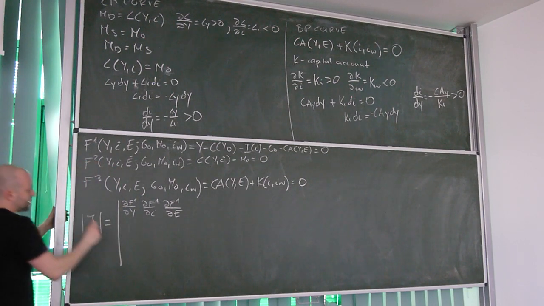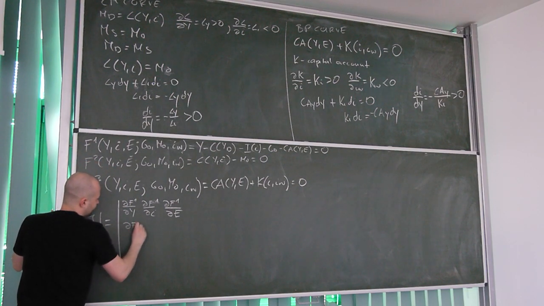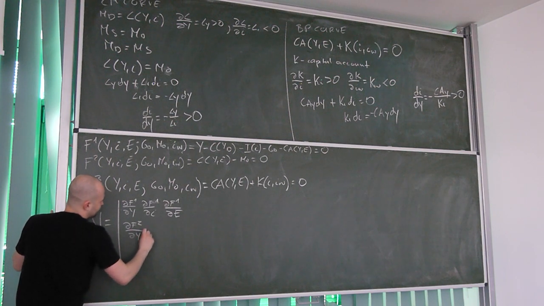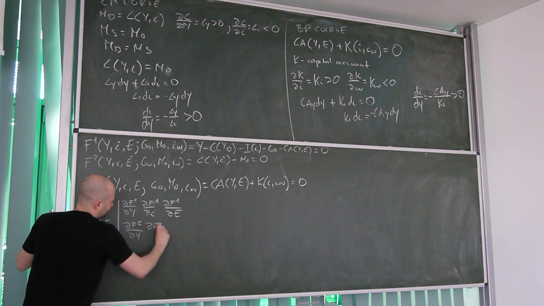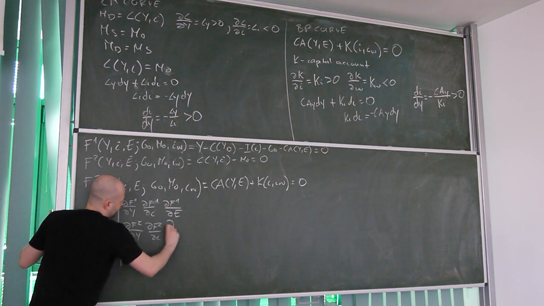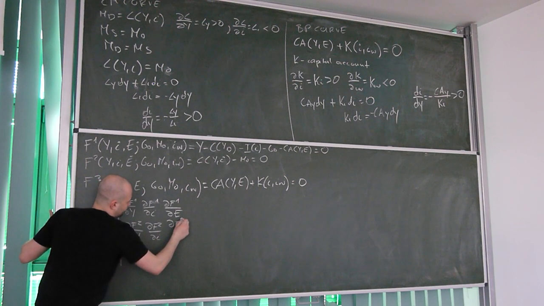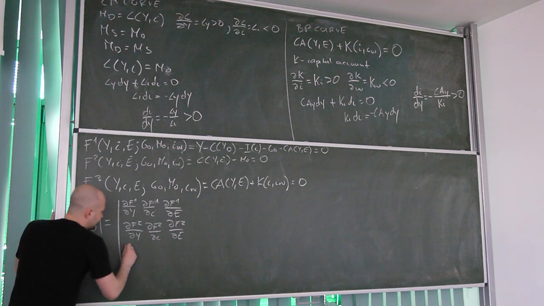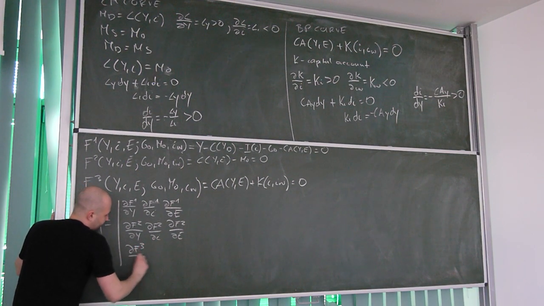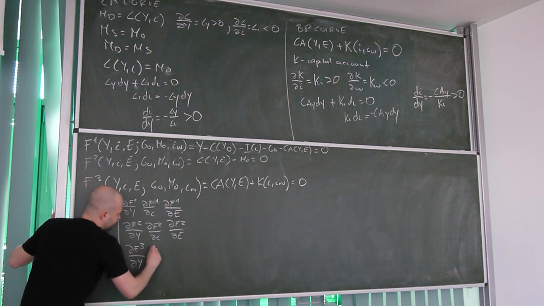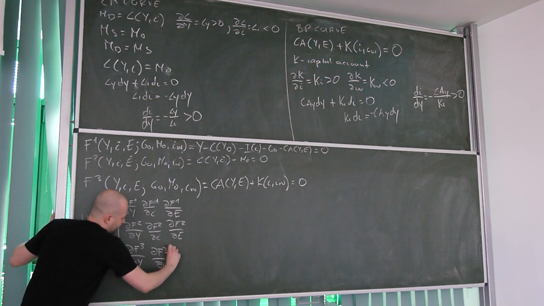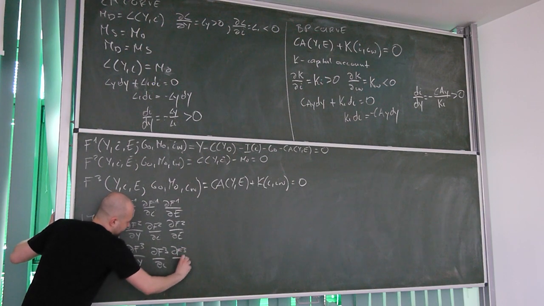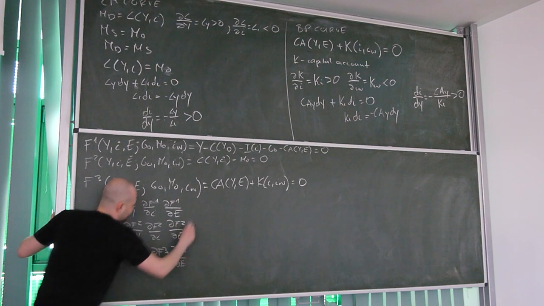We do the same thing for the second equation: we differentiate with respect to income, interest rate, and exchange rate. And finally, we do the same thing with the third equation.